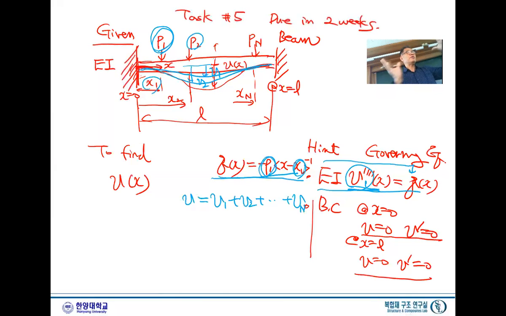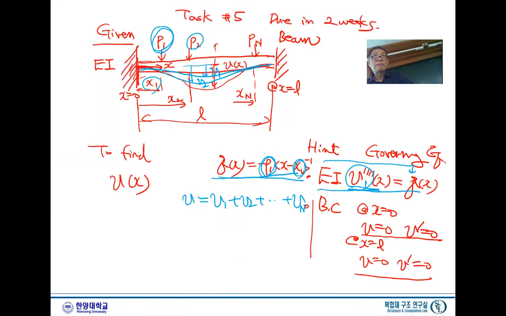How to add using Excel? In Excel, you would have X1, P1, and V1, right? You just copy and change P1 and X2, and you get the same equation, and you finally add all the displacements.